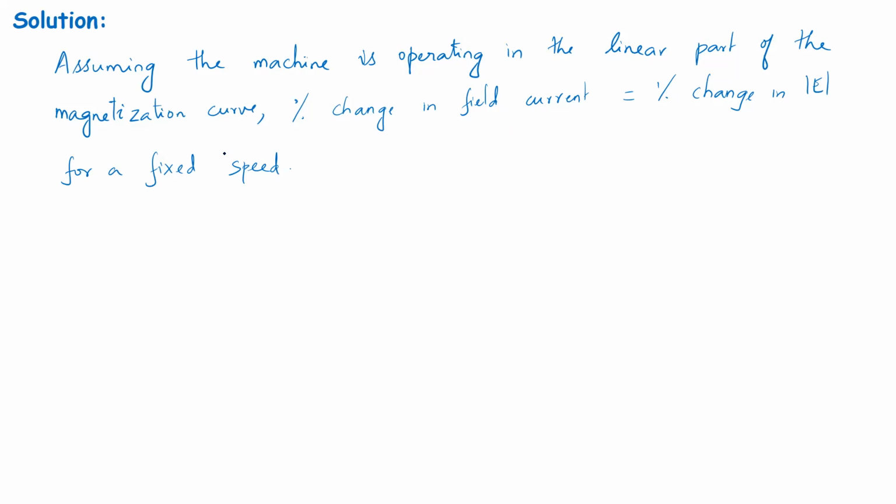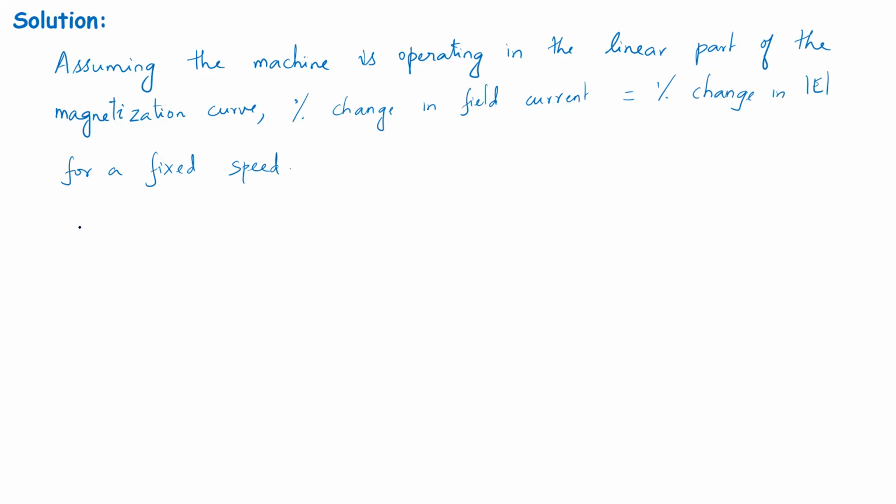Now that we have made this assumption and we have concluded that the percentage change in field current is equal to the percentage change in excitation EMF at a constant speed, the problem itself gets modified. So for us, all I have to do is solve for the percentage change in excitation EMF magnitude.